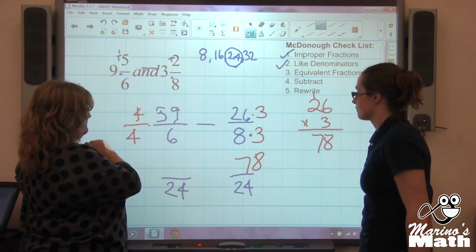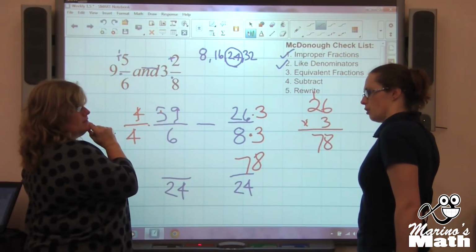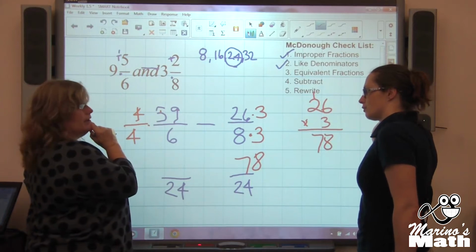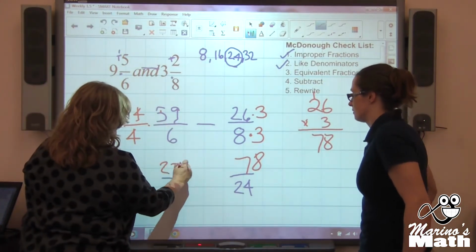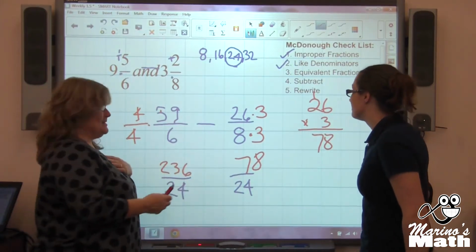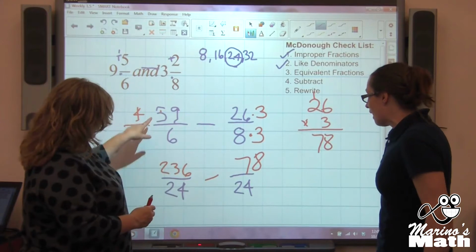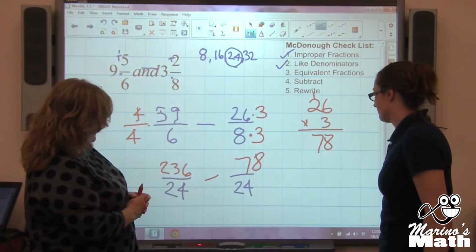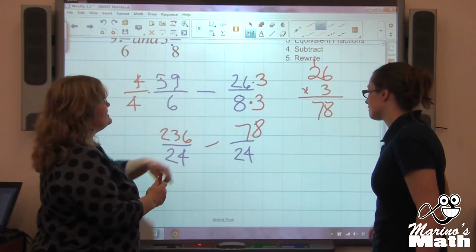So 59 times 4, if it were 50 times 4 that is 200, and 9 times 4 is 36. So 236 over 24 minus 78 over 24.